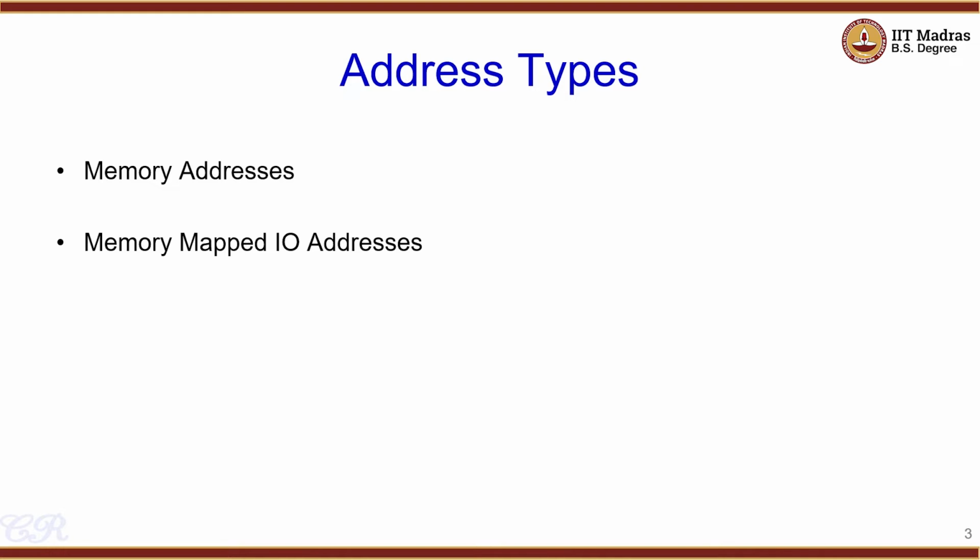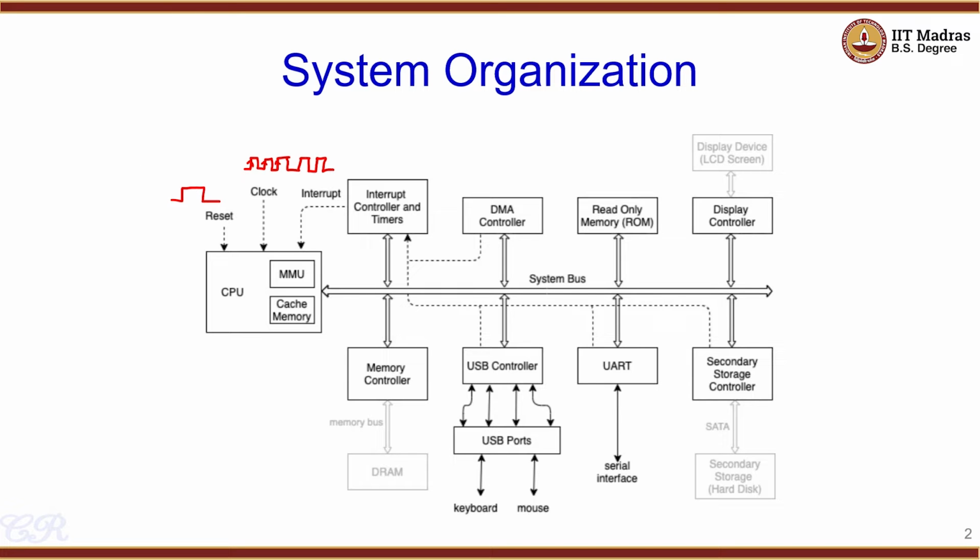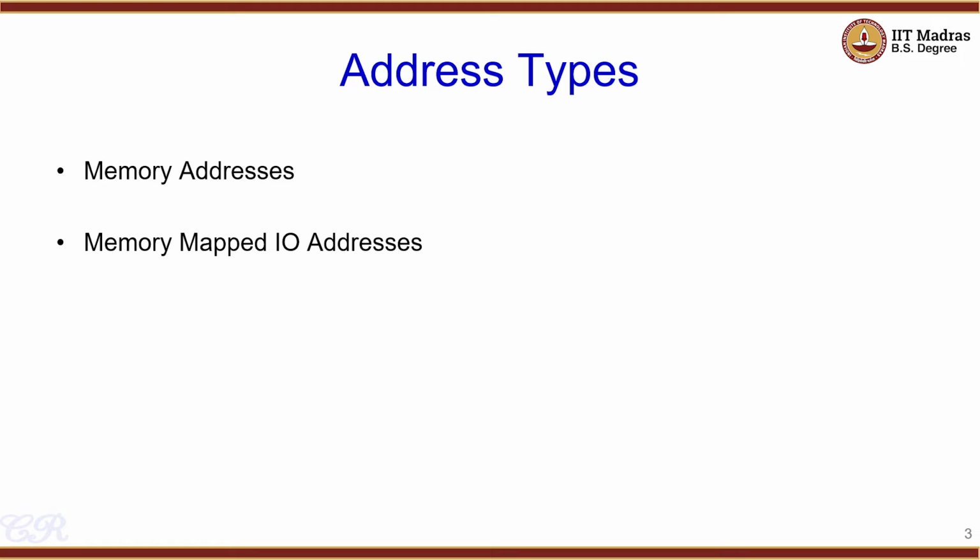Okay. Now, with all of these different peripherals, memories, and interrupts present within a computer system, or in this particular case the embedded system, one critical aspect that is important for the CPU to communicate with each of these different modules independently are addresses. So there are two types of memory addresses, right?